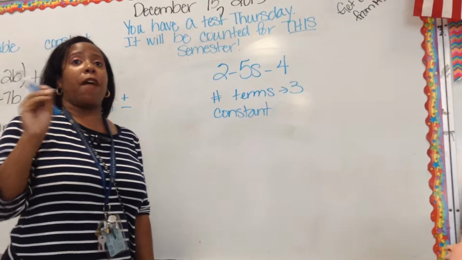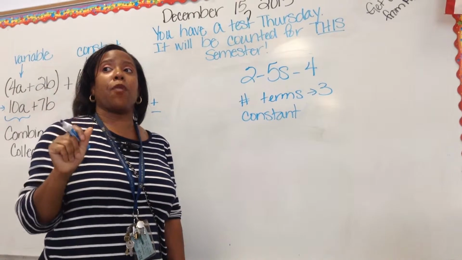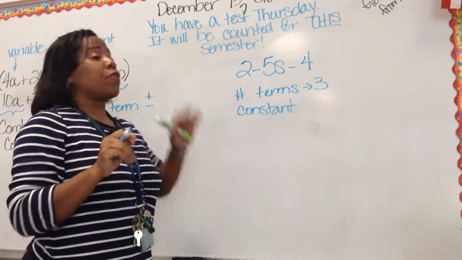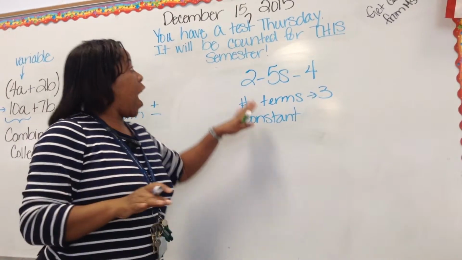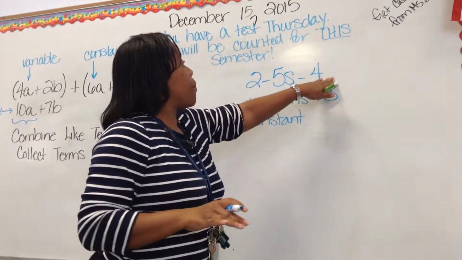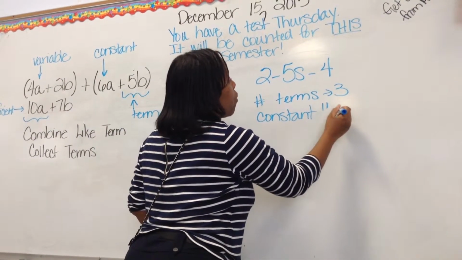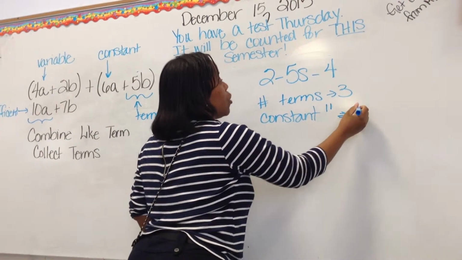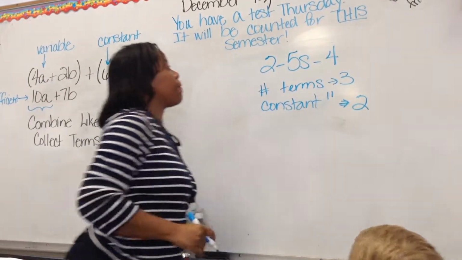All those within the sound of my voice clap once. All those within the sound of my voice clap twice. Do you see any numbers without a variable? 2. So if I see a number without a variable, that means they are constant terms. So how many? 2. And they are 2 and negative 4.